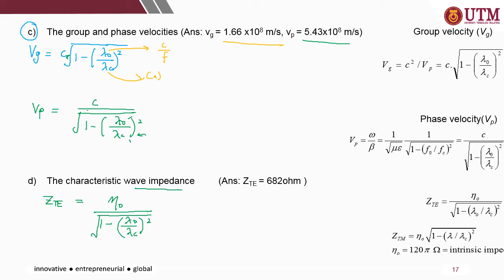So what is the intrinsic impedance? The intrinsic impedance can be easily calculated by 120 pi, and the rest are the same as earlier. So finally you can get your ZTE equal to 682 ohm.